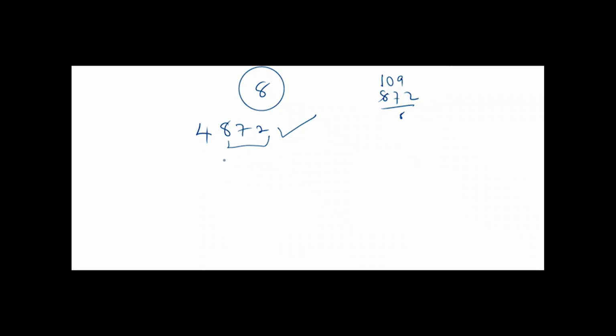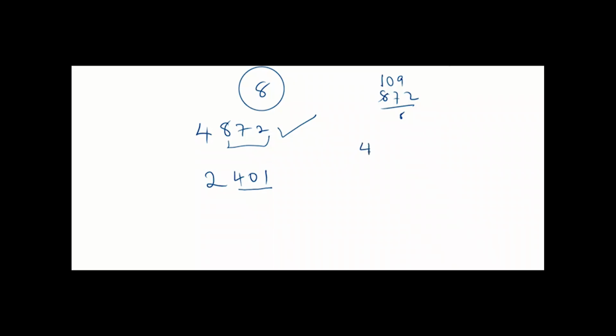So let's look into another one. Let's say you have 2,401. We want to check if it is divisible by 8. So you have to check if the last 3 digits are divisible by 8.